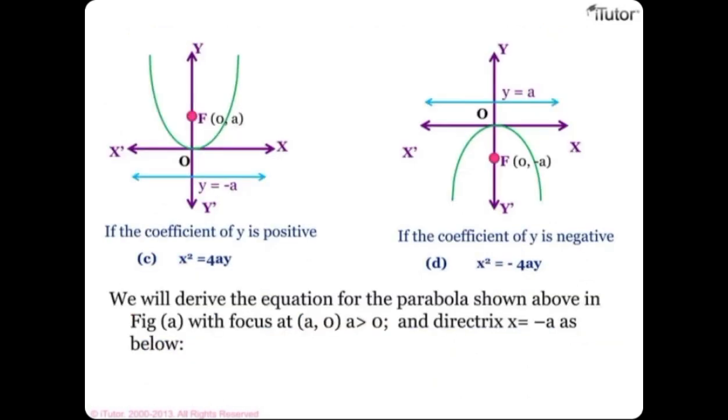In Figure C, if the coefficient of y is positive, x squared equals 4ay. And in Figure D, if the coefficient of y is negative, we have x squared equals negative 4ay.